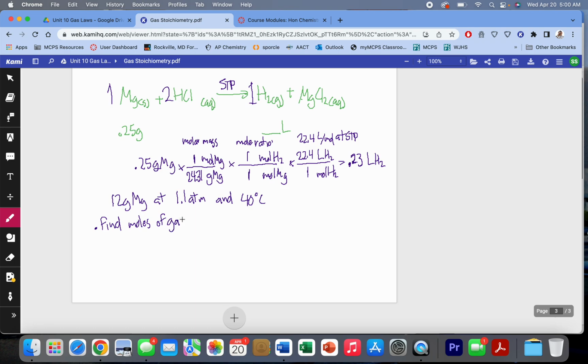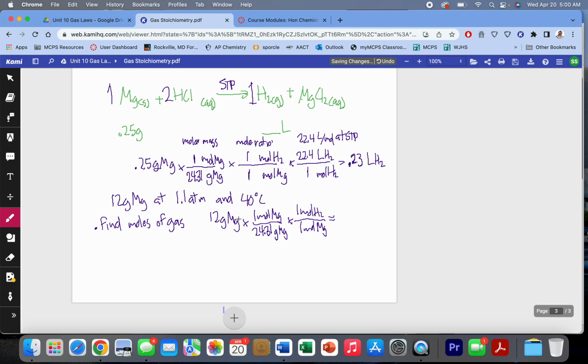Well, that's only two-step stoichiometry at this point, so we'd say 12 grams of Mg times, and we can use the same mole ratio, 1 mole of Mg, or same moles to grams, 24.31 grams of Mg. We can use the same mole ratio because it's the same chemical equation, so 1 mole of H2 over 1 mole of Mg, and we just stop there, right?